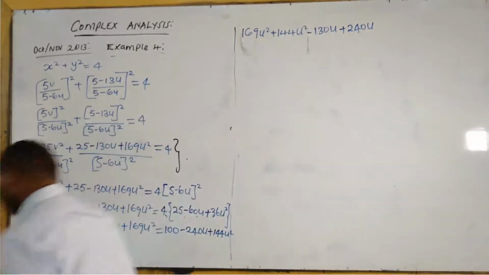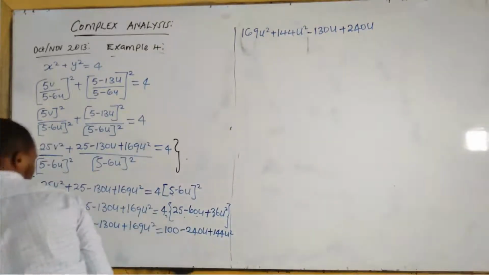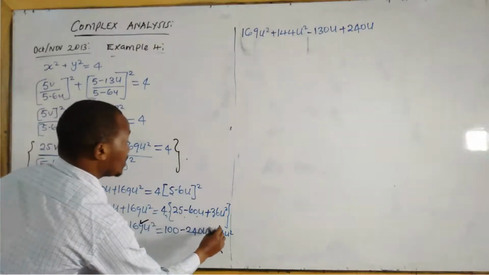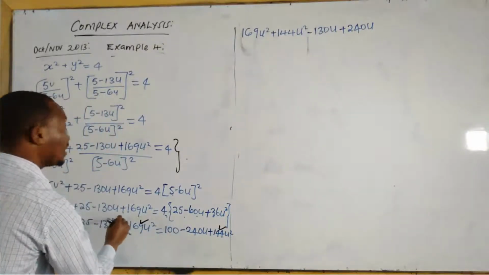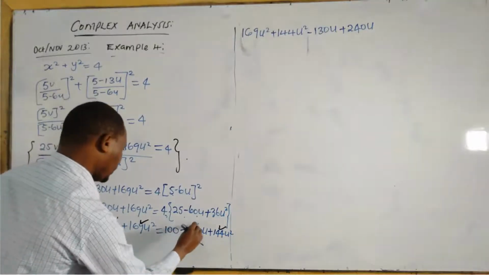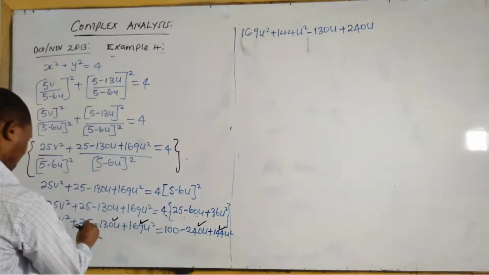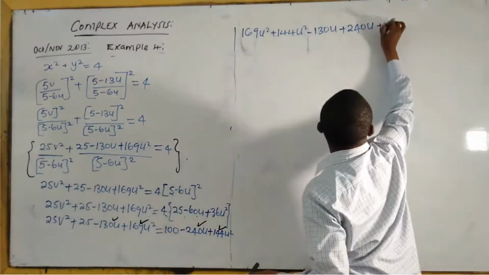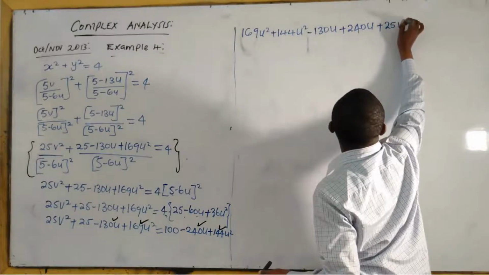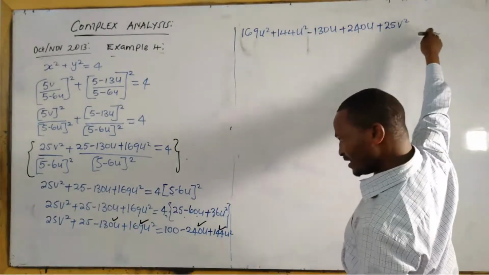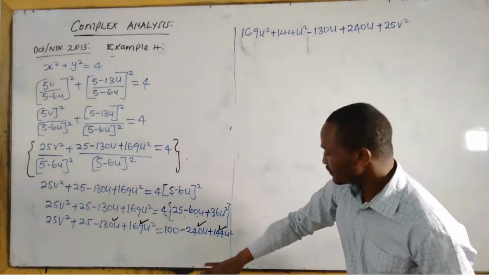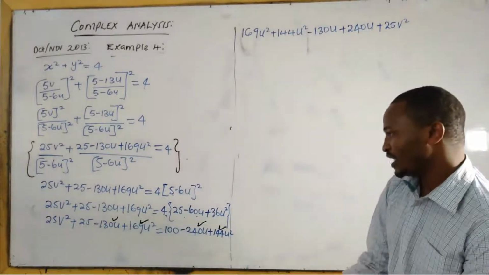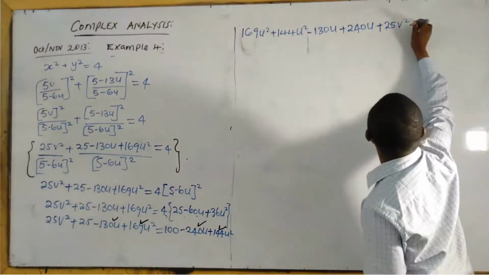I've written that positive 240, and I'm left with the 25b squared. The constants, the values without a partner, without a b or a u, let me write them on this side.